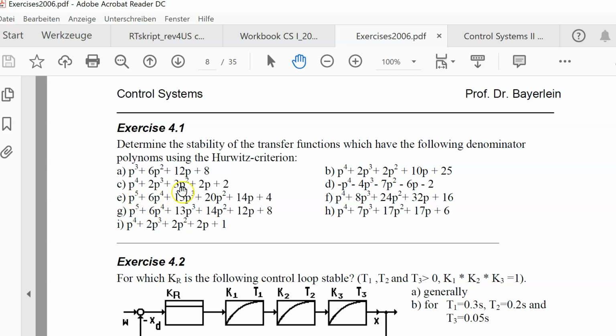So I go with this. Example D is where all coefficients are negative. This is an example where you can extract the minus sign and then all coefficients are positive, and you have to go to the Hurwitz criterion. Okay, let's go with E. I copy this on my board and then continue.